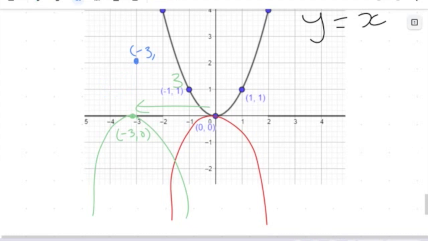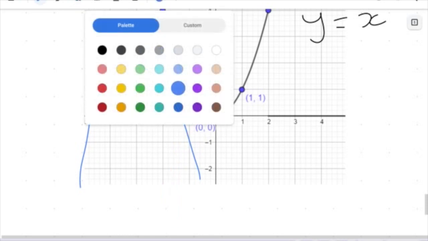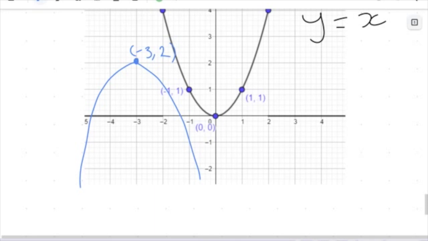Now that I've shifted this up, just to make this a little bit nicer, let's now draw my final parabola. And that is going to look like this. Now, I can get rid of all my interim parabolas because now I've found what my final parabola is going to look like. But you can see that I've shown these vectors we looked at in year 8 geometry.